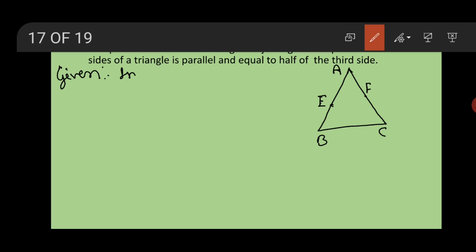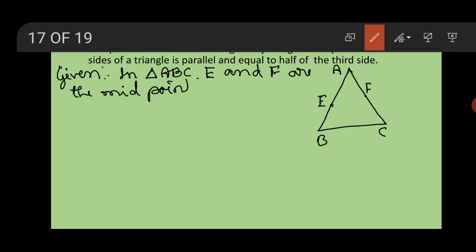In triangle ABC, E and F are the two midpoints of sides AB and AC respectively.